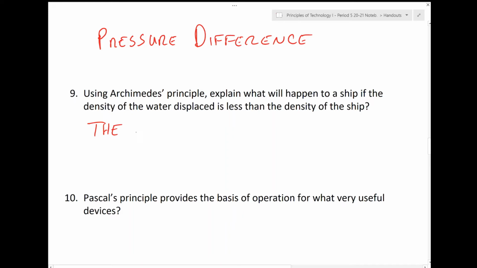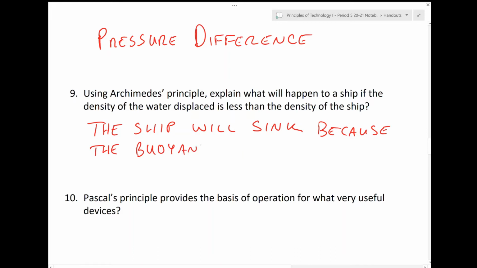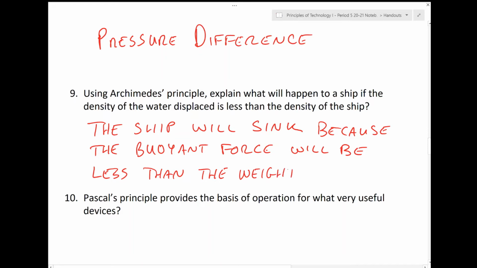The ship will sink, because the buoyant force will be less than the weight of the ship.